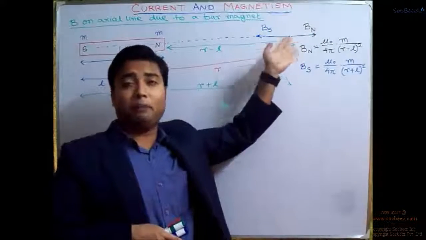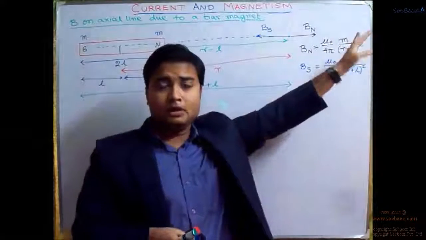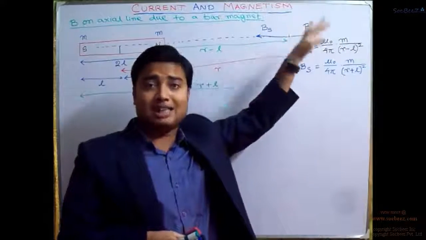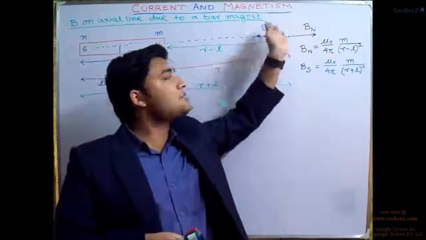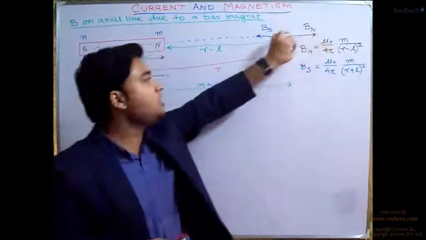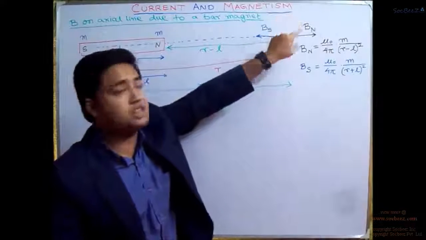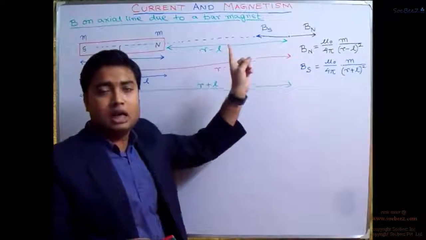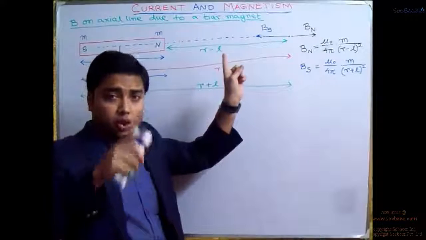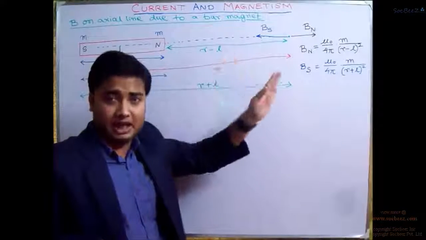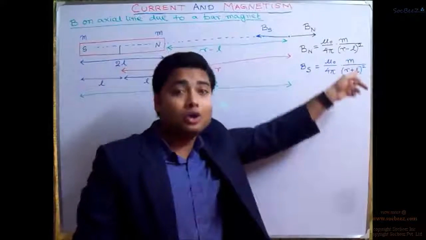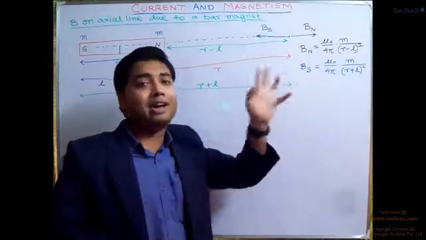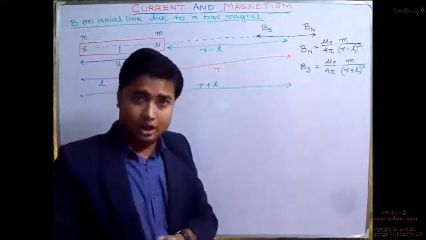Obviously you can take Bs minus Bn, but the final value should come as negative, which means that if you are taking Bs minus Bn, you are assuming that the resultant force is on this side. But if your value after the total calculation comes out to be negative, it indicates that the direction would be just the reverse of what has been assumed.